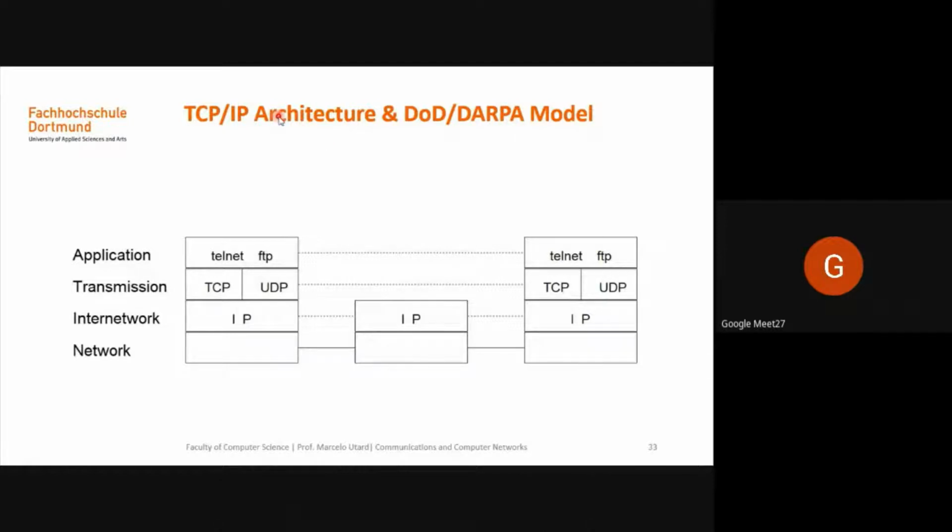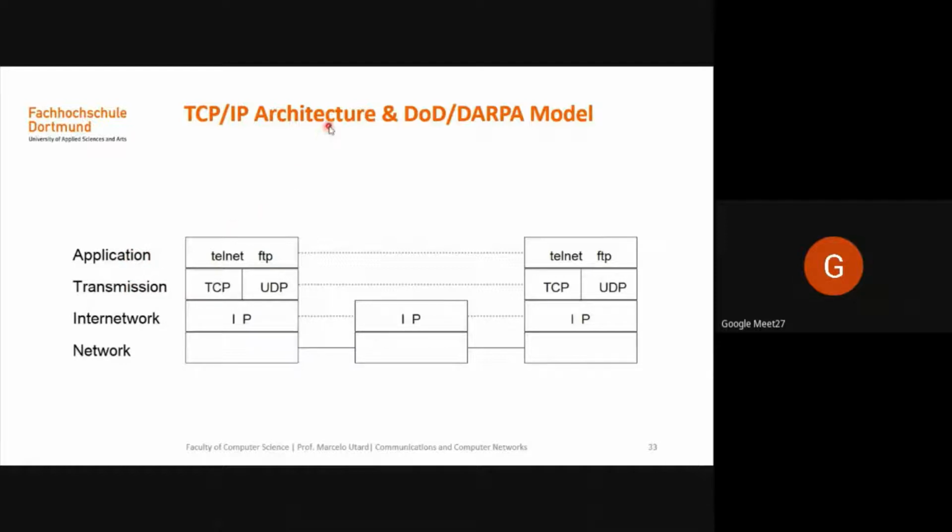In this architecture, the model defines 4 layers called the network or link layer, Internetwork layer, transmission layer, and application layer.